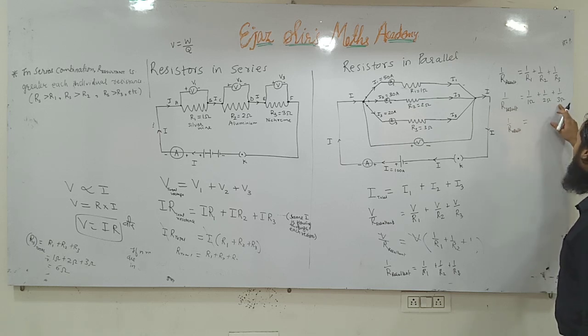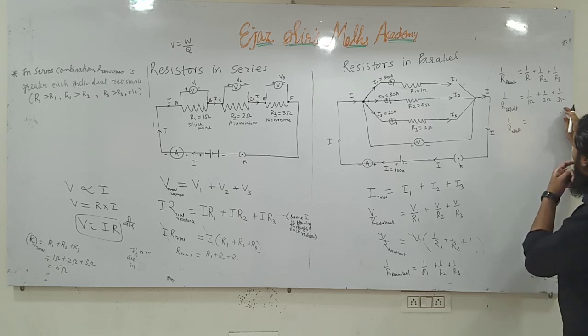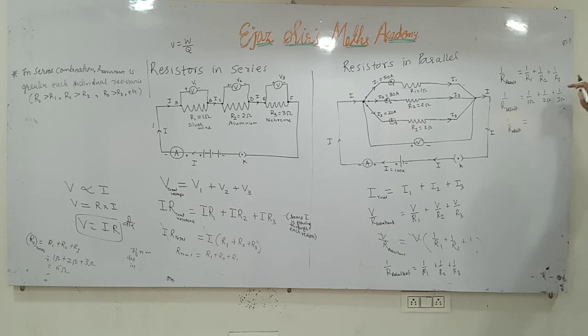The denominators are 1, 2 and 3, so the common multiple will be 6. If you want to make it 6, we can do it like this. I am doing it for you; otherwise I can write the direct step also.